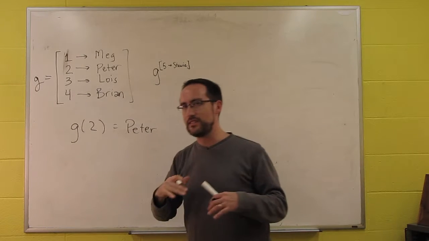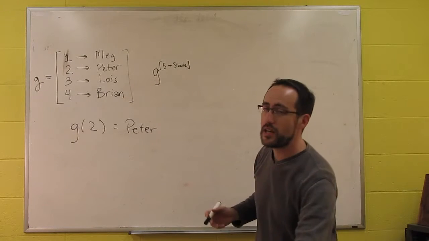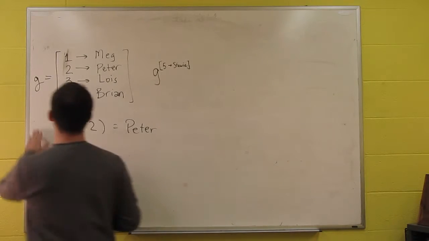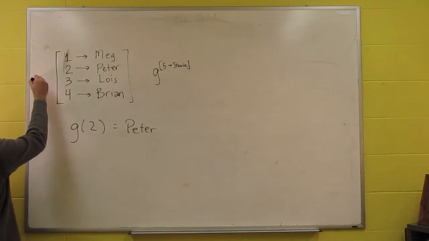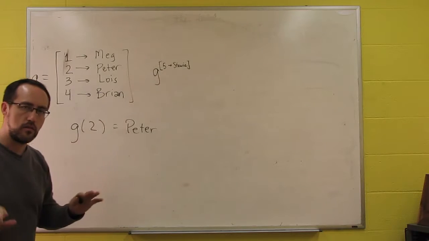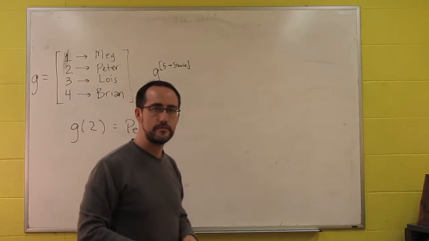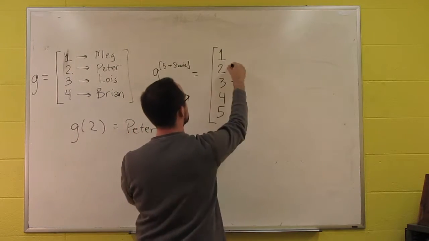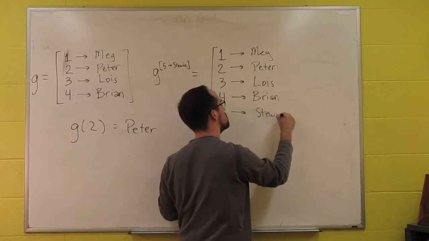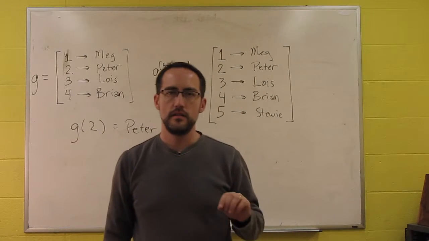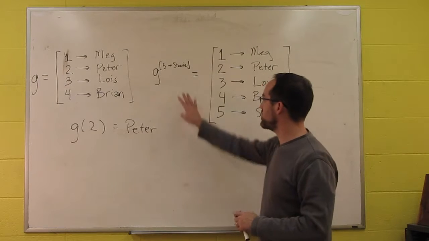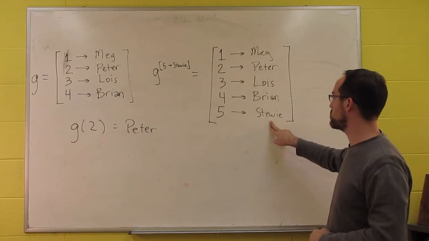This is a slightly different assignment. It's not G anymore. It's G so that 5 maps to Stewie. Okay? And we'll show you what that looks like. So now we have this assignment that's been modified so that 5 equals Stewie.